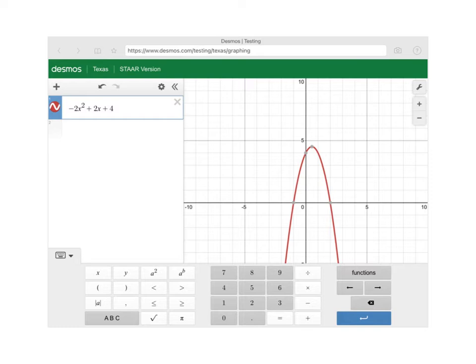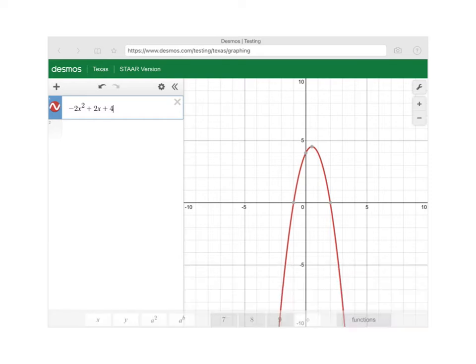Well, you can see that it's going to continue going down forever. It's going to include all of those numbers going down, but it starts here at 4.5. If we pressed on that, we would see that that's 4.5. So it's going to be everything that is below 4.5.